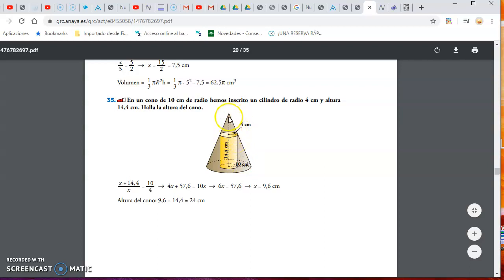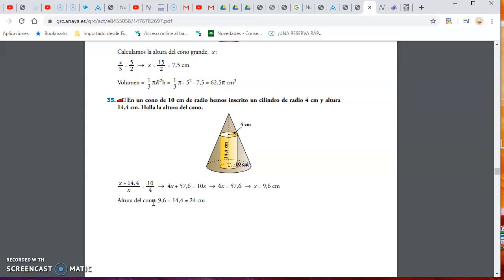We don't know this, but we can guess because we have 10 is to 4 as everything, 14.4 plus x, is to x. Okay, and then we get 9.6 centimeters, and this is the answer, because the answer is what is the total height of the cone. So the total height is 9.6 plus 14.4.